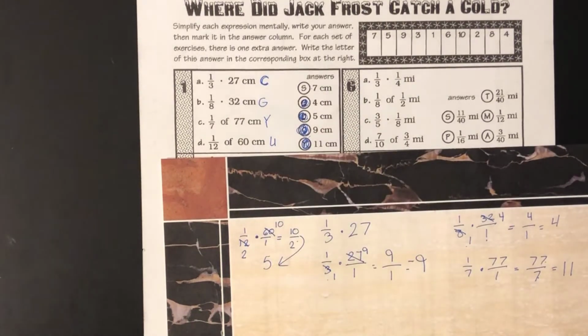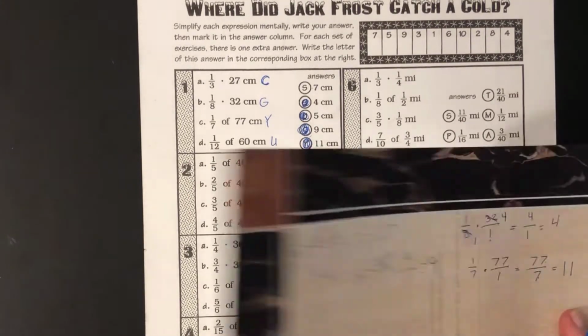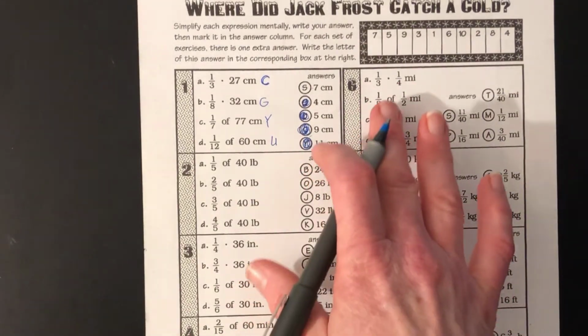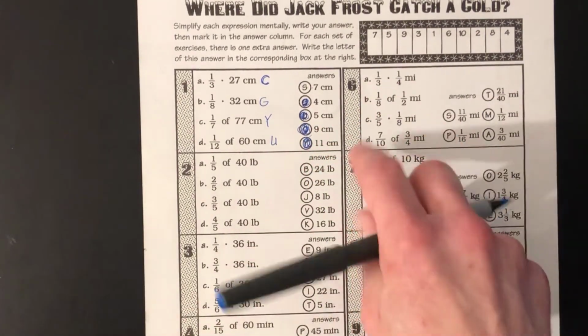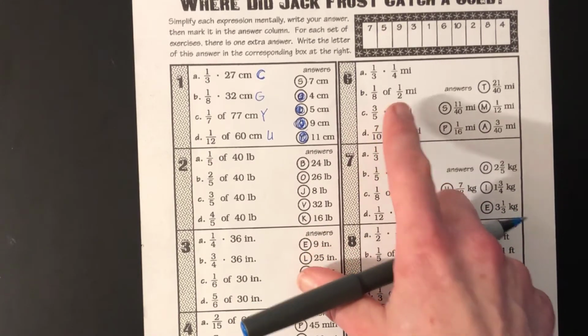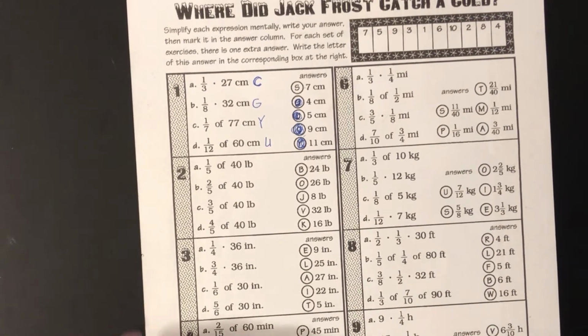What do you know? Let's see if there's not anything else. You can do a fraction times a fraction. 1/3 times 1/4. 1/8 times 1/2. Remember, of means times. Let's see, why don't we come down? What else do we do?